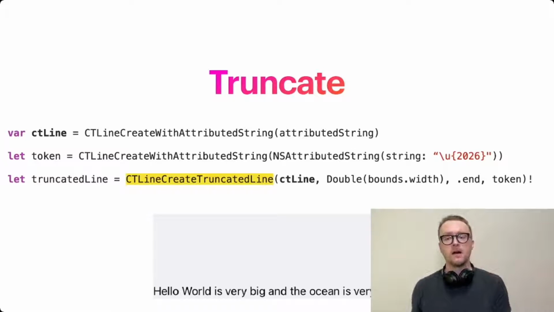Out of the original line, create a truncated line, truncate the line at the bounds width. In our case, locate the token at the end and give a token. And this is how it looks. So it looks pretty good. You can see CoreText takes letters into account, so it does not truncate in the middle of a letter. We have 'lar' and an ellipsis, so it looks good.